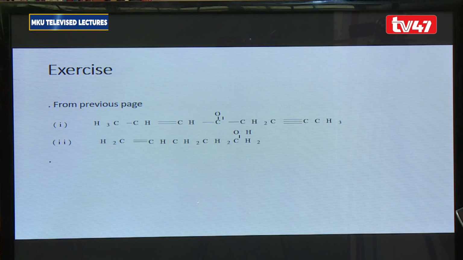So you should be able to give the type of hybridization in each of them by stating whether it is sp3 hybridized, sp2, or sp hybridized. Then you have another molecule also with 1, 2, 3, 4, 5 carbon atoms. You can number the carbons as 1, 2, 3, 4, 5 and give the type of hybridization in each.